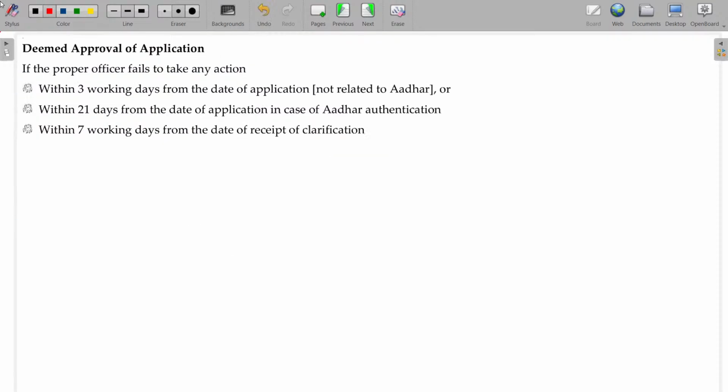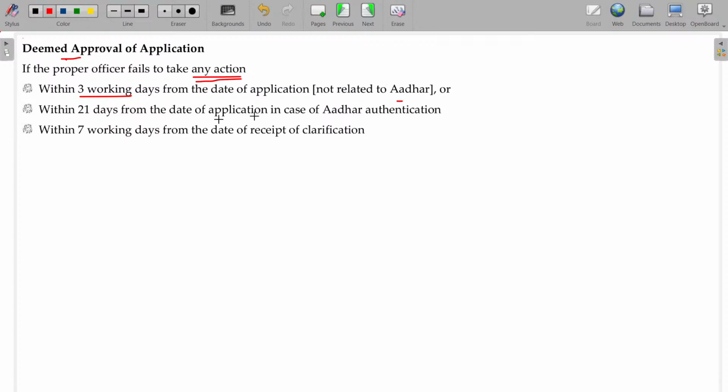Now, deemed approval. Within 3 working days, if the proper officer fails to take any action, your registration is confirmed. From the date of application, within 3 days, if you don't get any clarification request from the proper officer, definitely it is allotted.